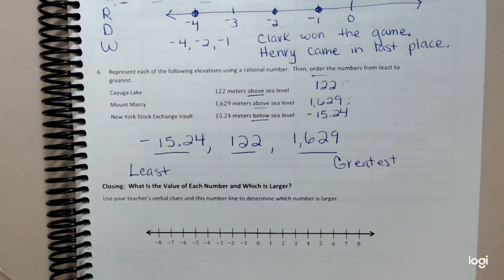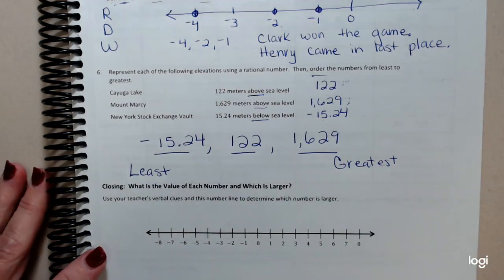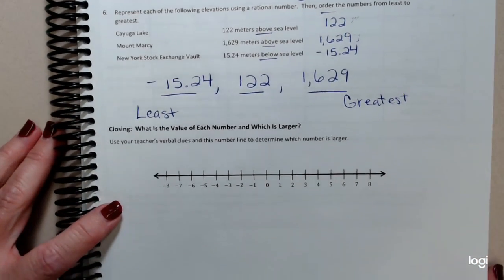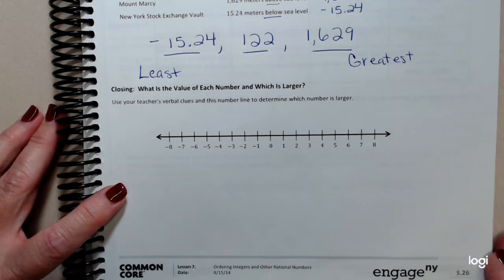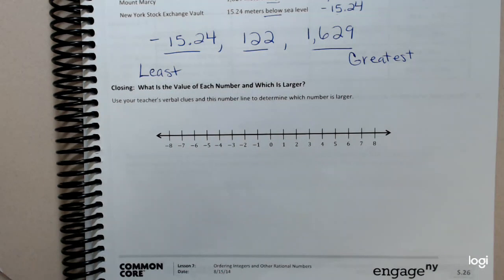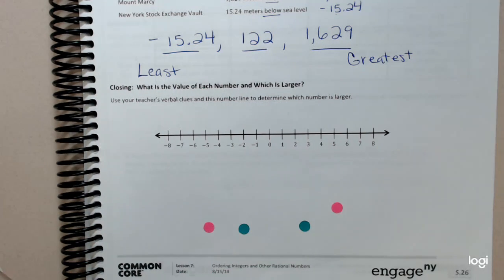Okay, so for the next part of my lesson, I'm going to ask you to just look and follow along for a second, and it might be helpful for you to pay attention because I think something like this might be on one of your homework problems. Okay, so I have these dots here, this pink and blue.